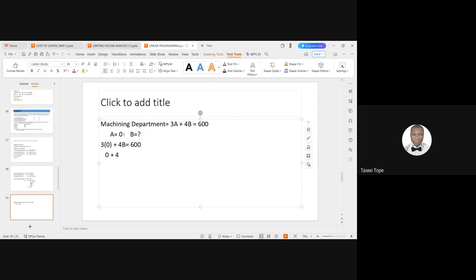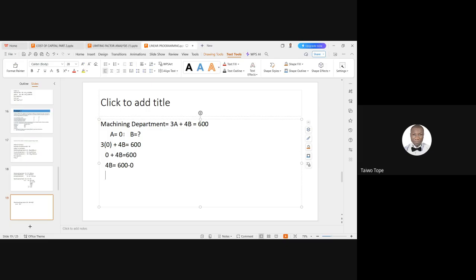So we have 4B equal to 600. For us to get the value of B, what are we going to do? You collect like terms. I'm just showing all this primary school thing. 0 crosses to the other side; if it's positive currently, it will be negative.